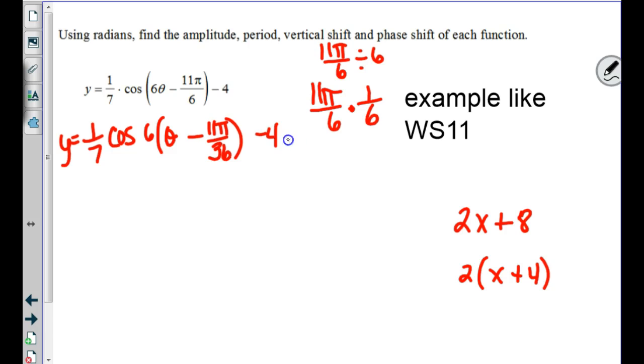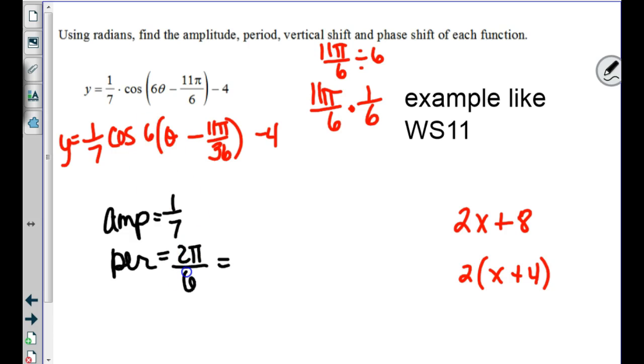Okay, now that I've factored it out, tell me the amplitude. Okay, the period, 2 pi divided by b, which is 6, so pi over 3. The vertical shift, yes, down 4.